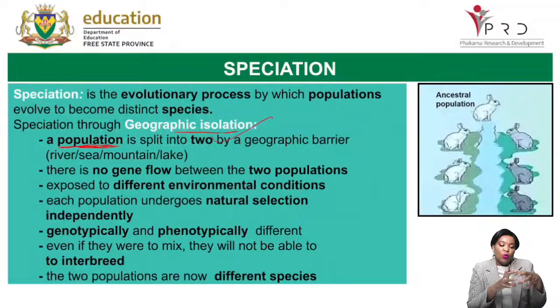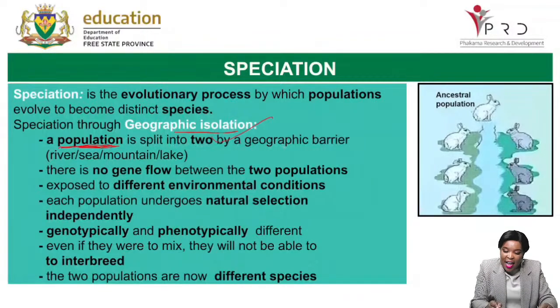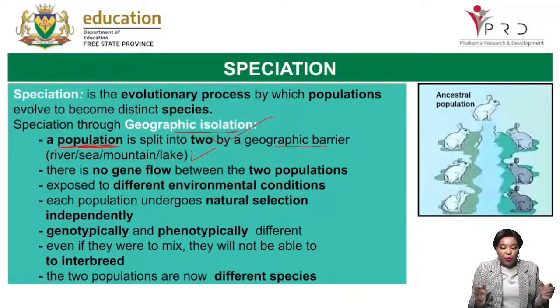A population will be there in one area. But through speciation, this population is going to be split into two by a geographical barrier. So this is where you get your second mark, by defining what that geographical barrier is that is splitting this population into two. A river, a sea, a mountain, or a lake. So you must find out which one is mentioned there.